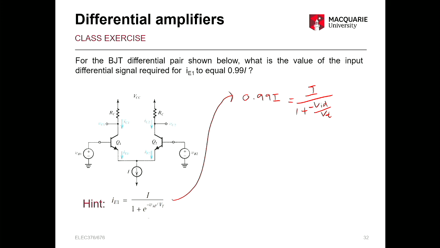And we can then rearrange by flipping the equation. And then we subtract 1 from both sides. So now we have 1 over 99. Then we take the log and we can times by Vt.